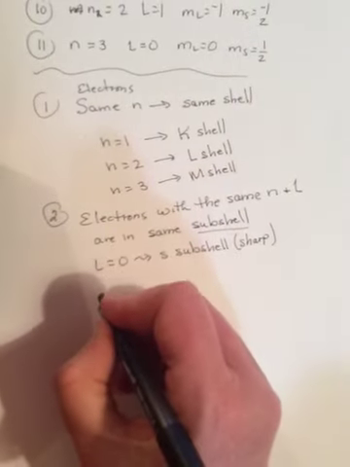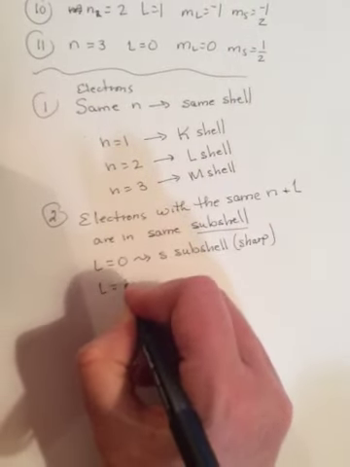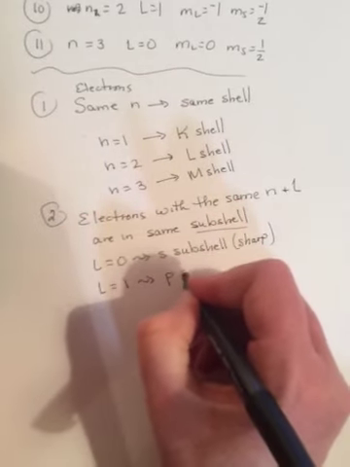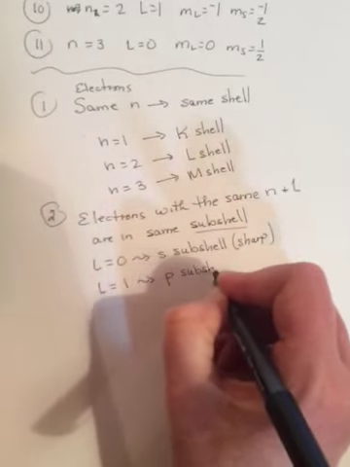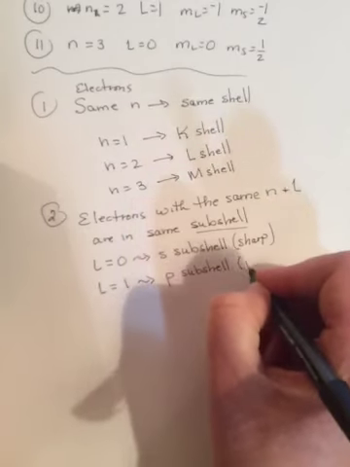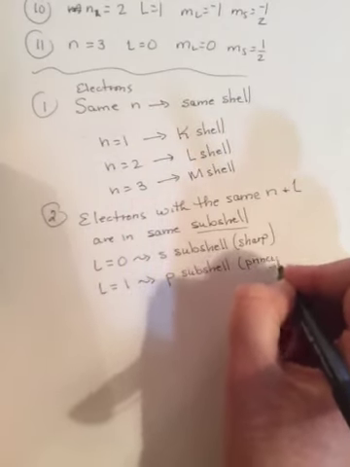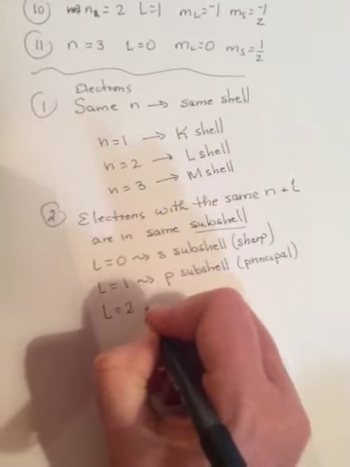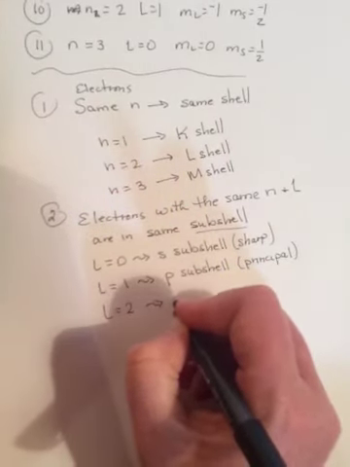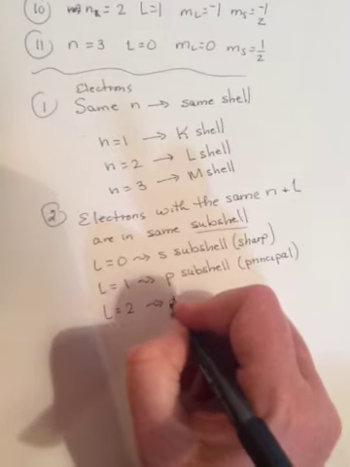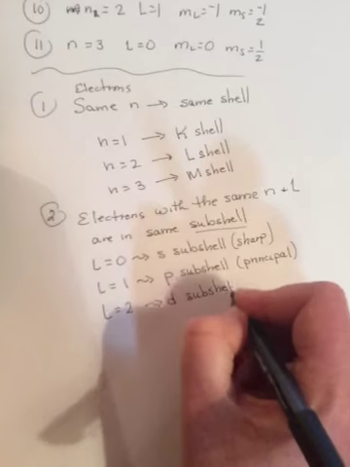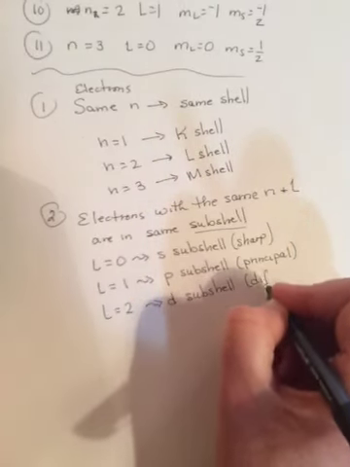Then if L equals 1, they're in the P subshell, and P stands for principal. If L equals 2, then they're in the D subshell, and the D stands for diffuse.